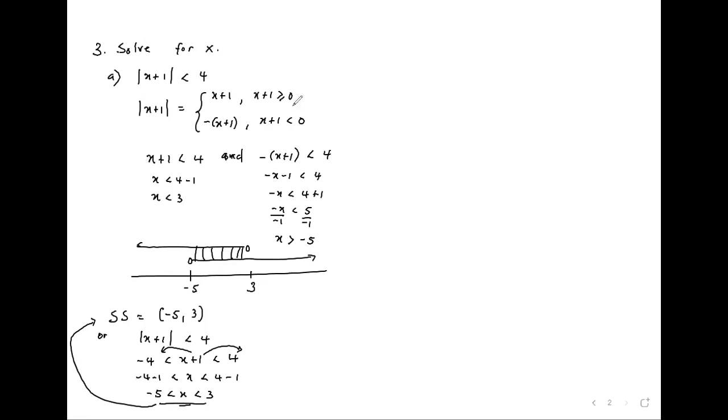So whenever the modulus is less than a number, that's what you do. You have the x plus 1 in the modulus form. The idea is not to solve for the modulus; the modulus helps us solve this inequality.